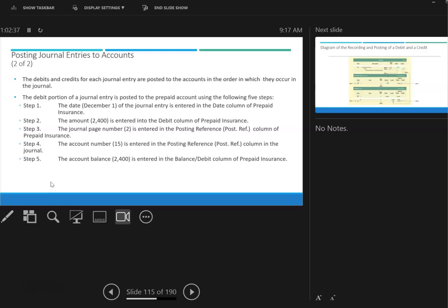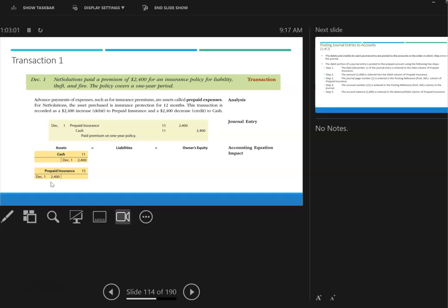Then we do the same with the account. 15 is entered in the posting reference, and the 2,400 is shown in the debit column of prepaid. Okay, let me just see what I messed up. We put the date in. We put the debit column in. We put the page number in the posting reference. Where is that? Number 2. Why am I not seeing it?